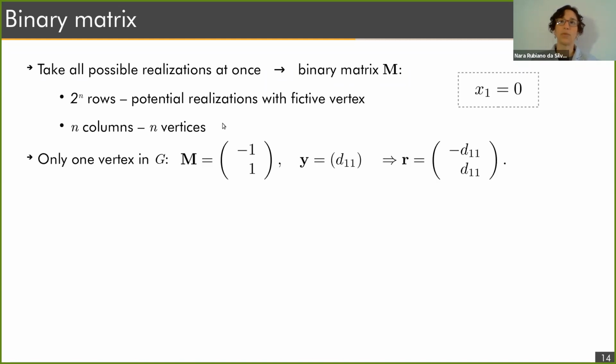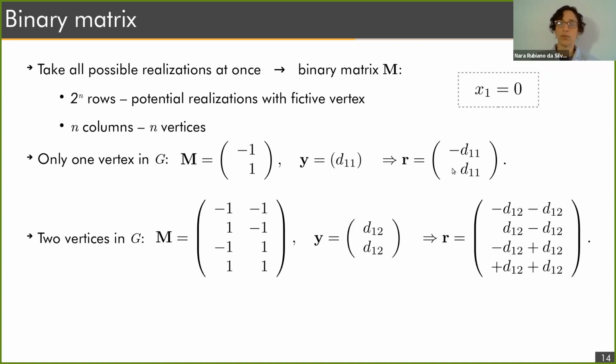For example, if we have only one vertex in the graph, the binary matrix will contain only 2 elements, -1 and 1 only, and when this matrix is multiplied by the distance vector, which is a simple 1 element vector here, we get the 2 possible realizations.